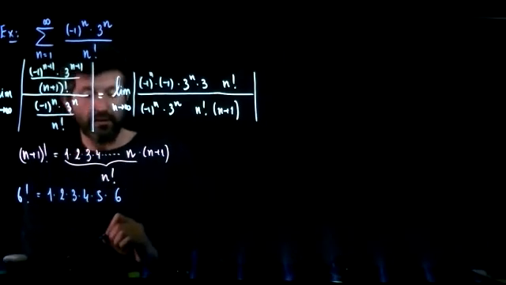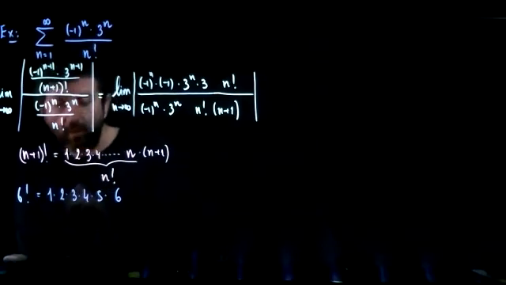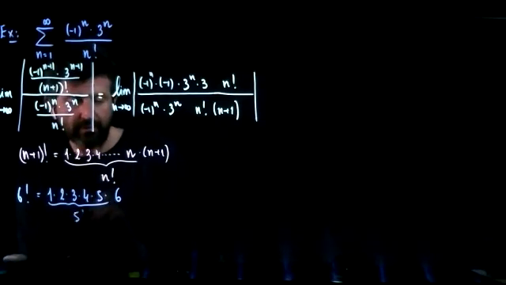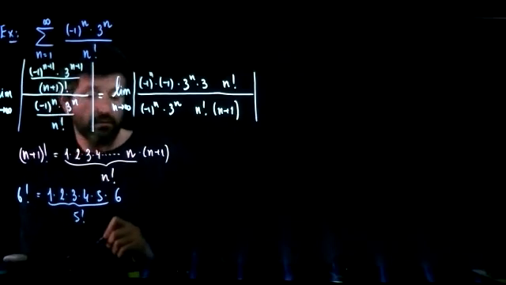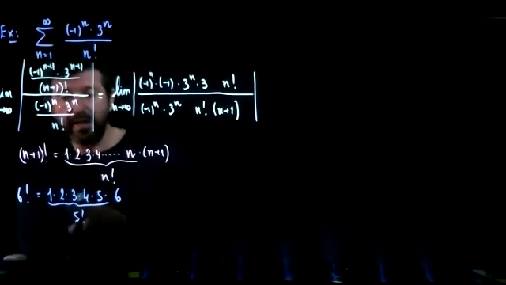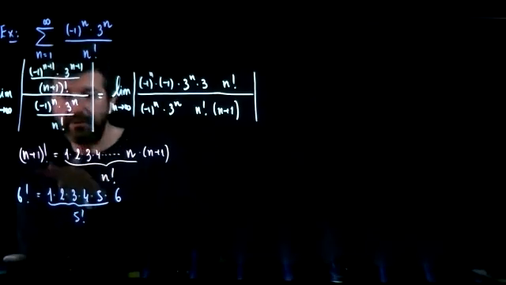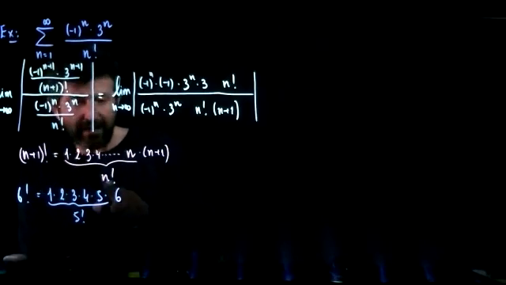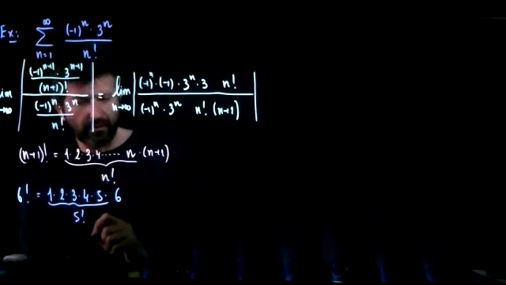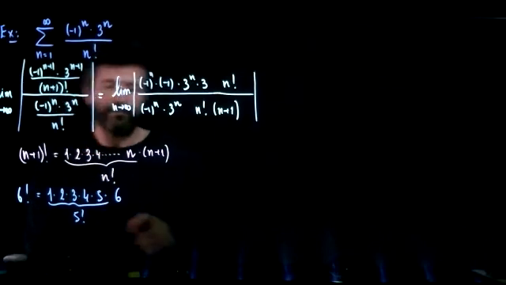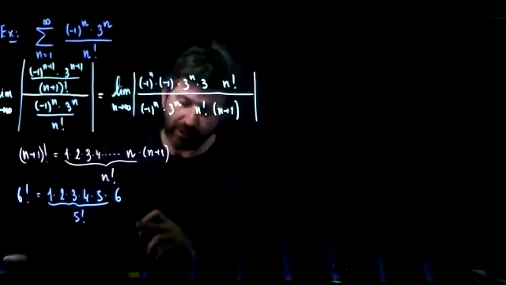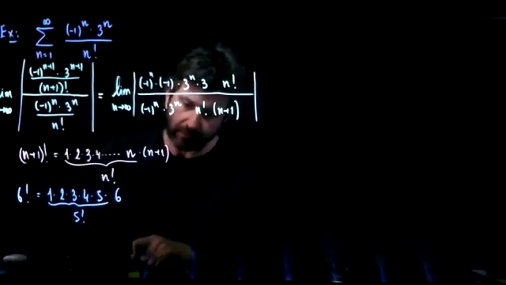Is that okay? Okay, but 1 times 2 times 3 times 4 times 5, what is that? That's 5 factorial, right? That's what it is. So 6 factorial is 5 factorial times 6. Same here. N plus 1 factorial is n factorial times n plus 1. Yeah, I get it now. Okay, good. Okay, anybody else need more explanation for this?